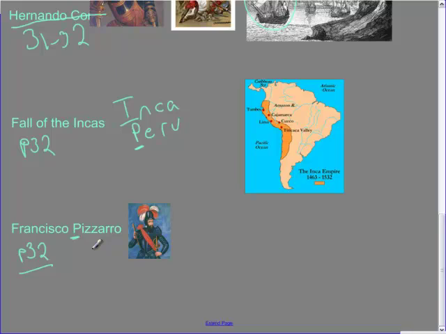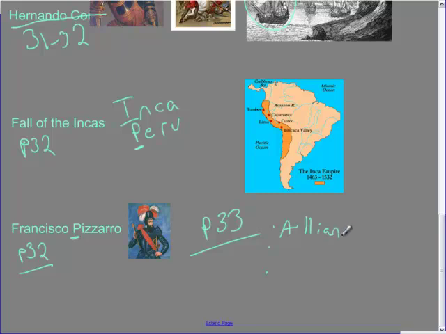So what you really need to focus in on is how the Spanish were able to conquer these people so well. And I would look at page 33, and there's 3 bullet points that list out what we're talking about. You've got to look at the alliances.